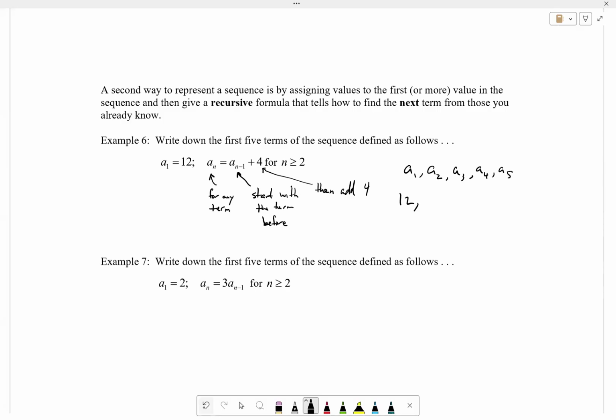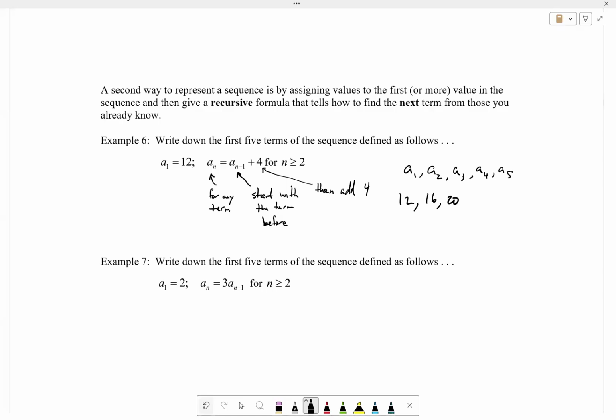Would you just check in with your neighbors to see if they get that and to finish the sequence? Did you get it? So the third term is 20.